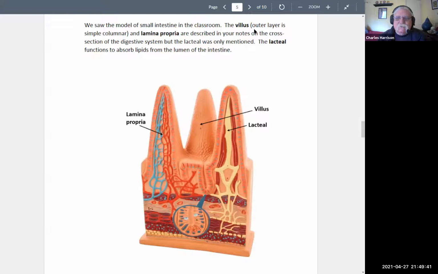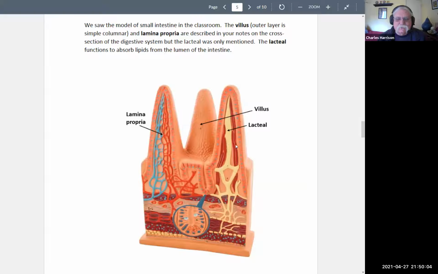The villus, like the brush or a filament of a hairbrush, sticks into the small intestine lumen. Here are villi, villi, villi.